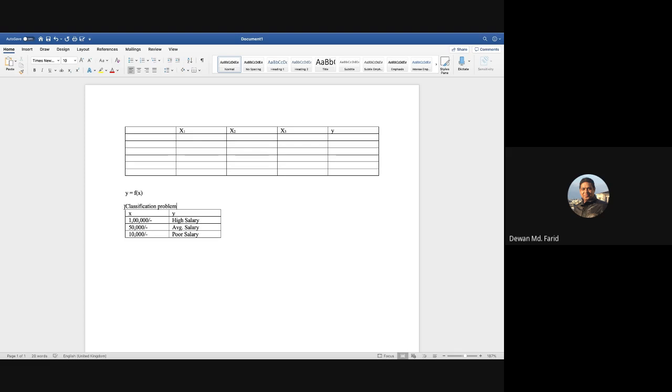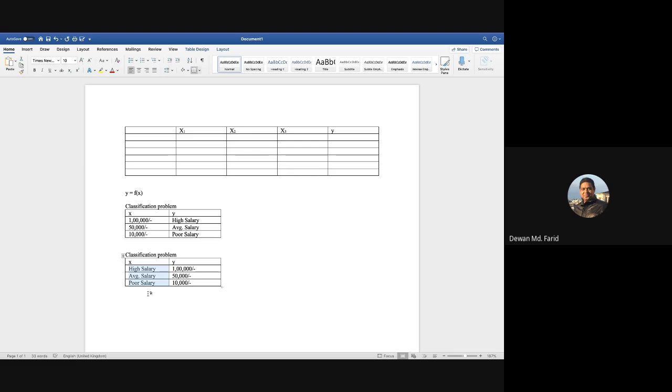So if we have data like this, x here is categorical or anything numerical, whatever.